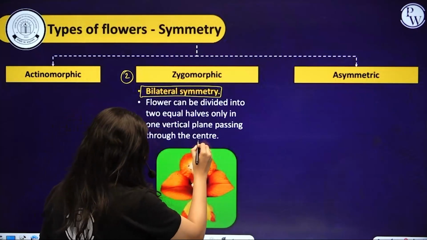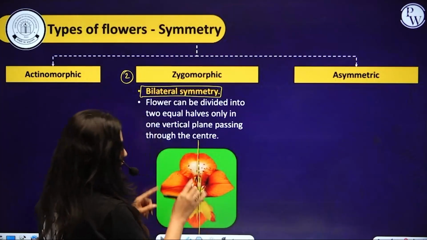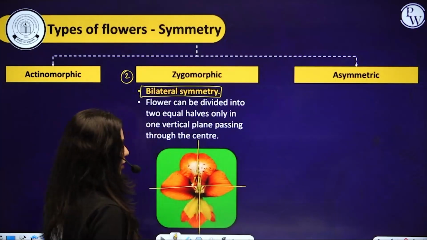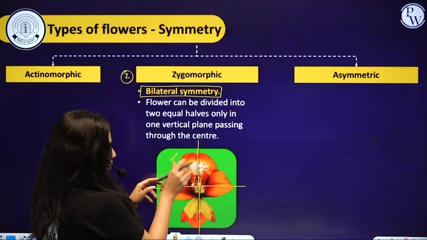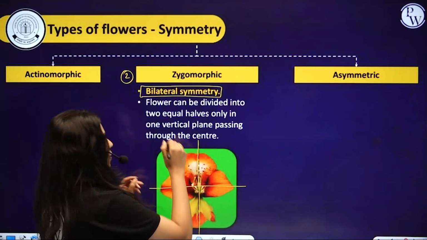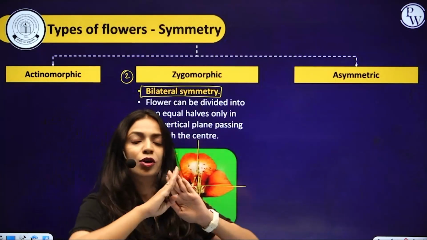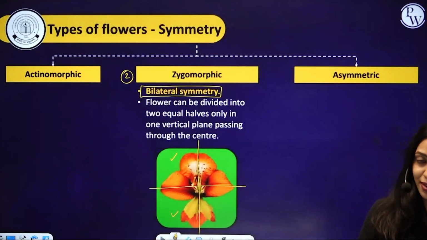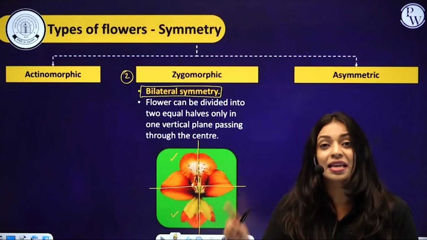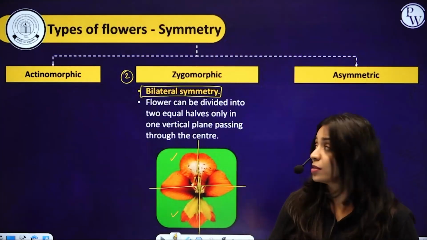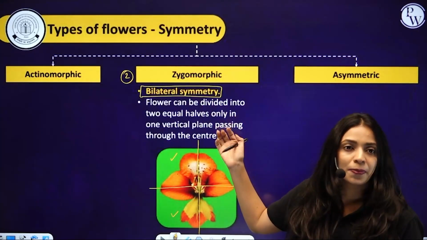Only when you cut this flower through this plane can you get two identical halves. If I cut it like this, you won't get it. This part looks very different from this part, right? So if a flower can be divided into two equal halves by only one vertical plane that is passing through its center, then we refer to it as a zygomorphic flower. Such flowers are said to exhibit bilateral symmetry.